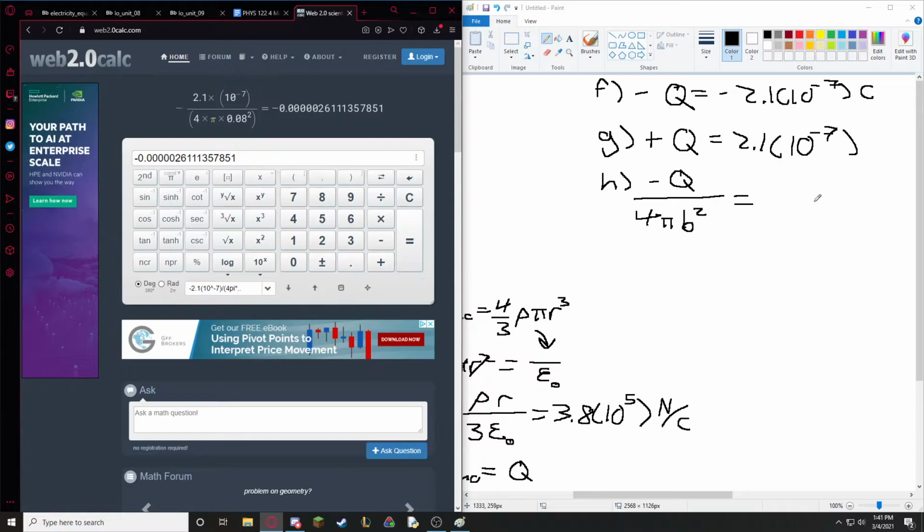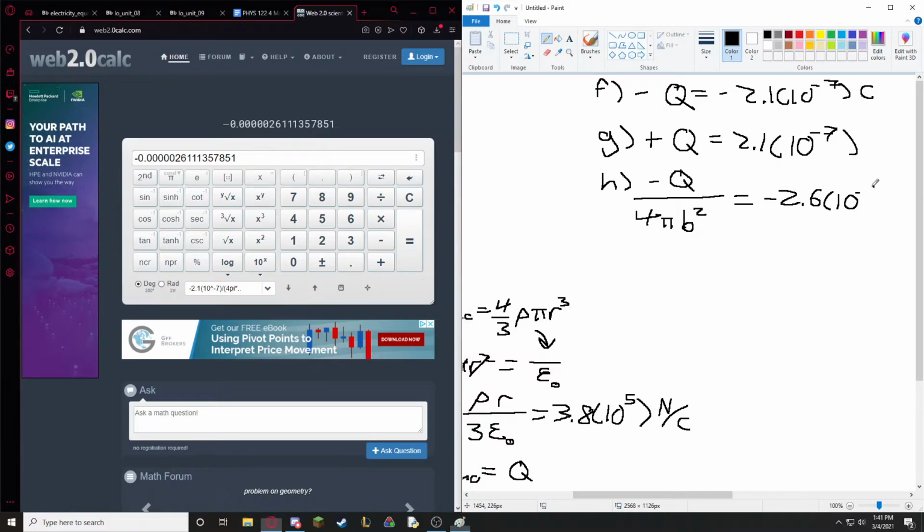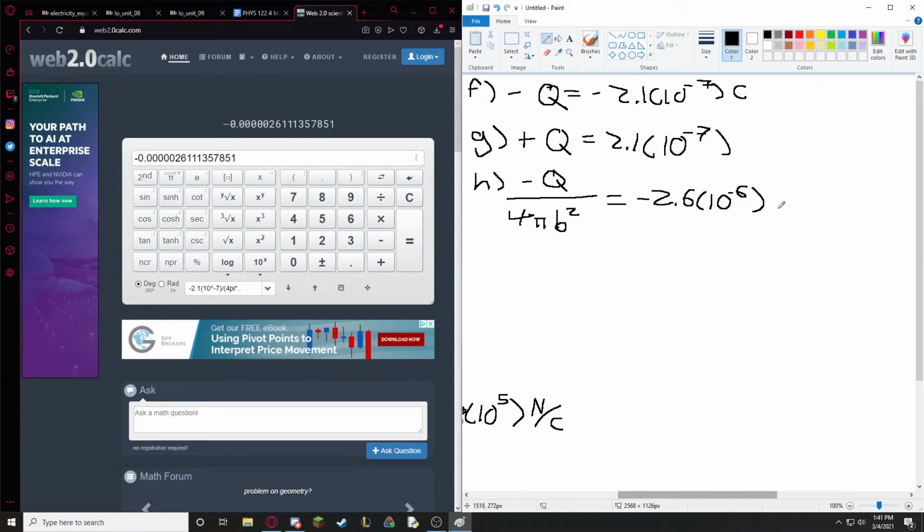The charge density is negative 2.6 times 10 to the minus 6 coulombs, or negative 2.6 microcoulombs per meter squared. Yep, exactly. It's an area, so meters squared.